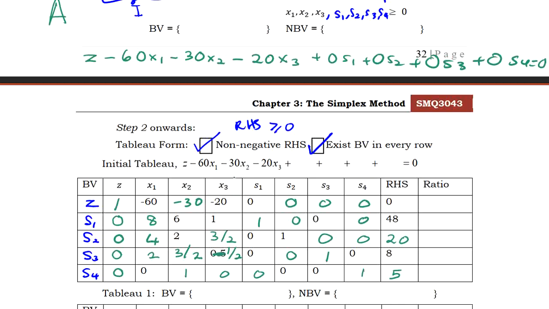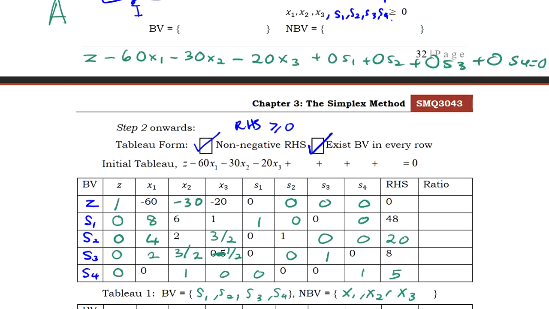So for this initial tableau, the BVs are in this column. We have S1, S2, S3, and S4 as BVs, and the rest of the variables are considered NBV, non-basic variables. So we have x1, x2, x3.